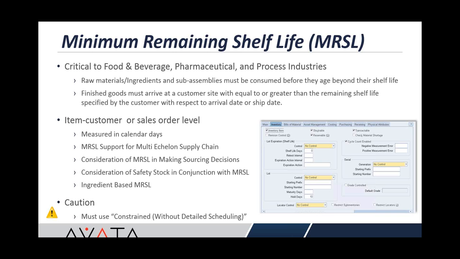It somewhat changes the pegging that happens within the plan, simplifies the pegging a bit, but wherever you see this caution for constrained without detailed scheduling, what you're really getting is key functionality. Having less detail in the pegging is a fair trade-off for the benefit that you're getting for the functionality that's being implemented.